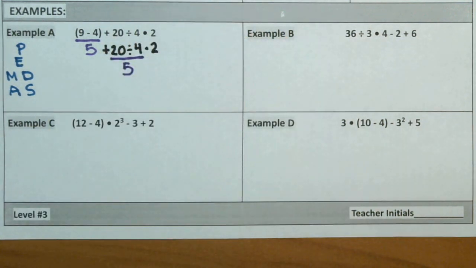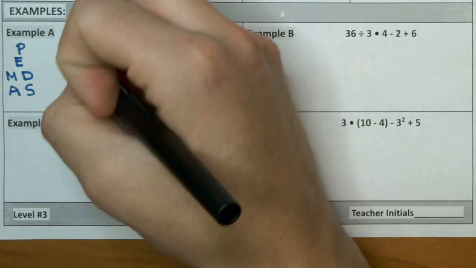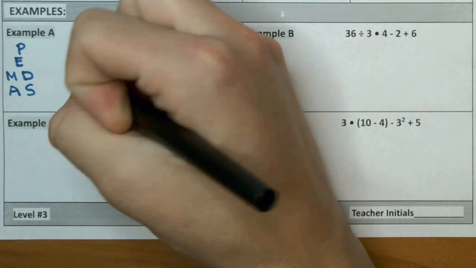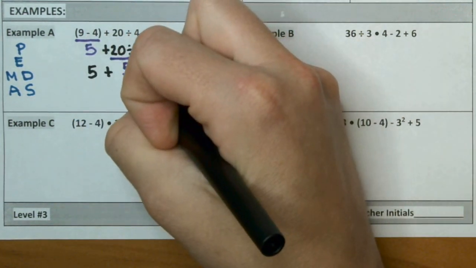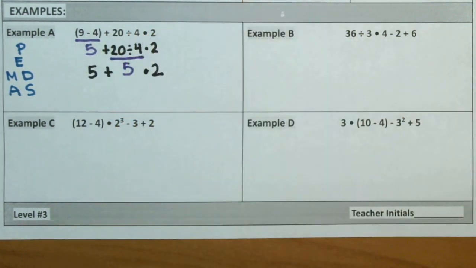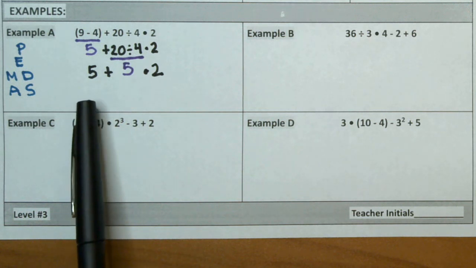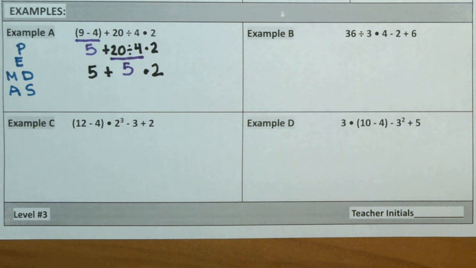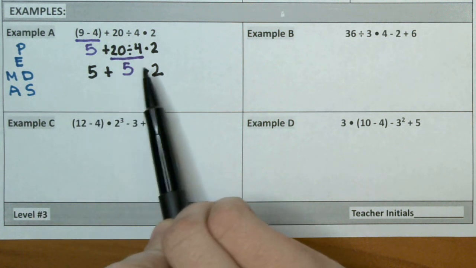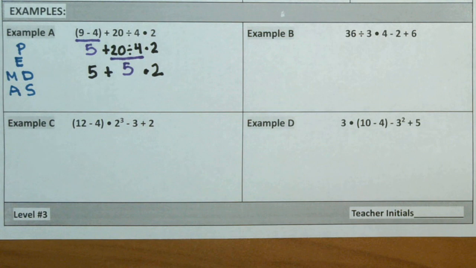And then you bring down everything that you didn't underline. So I'm going to bring down the 5 right beneath the 5, the plus right beneath the plus, and the times 2. So now our new problem is 5 plus 5 times 2. What's more powerful, addition or multiplication?